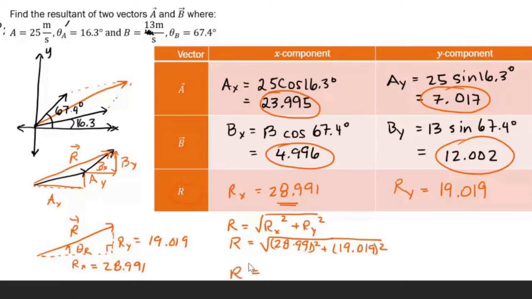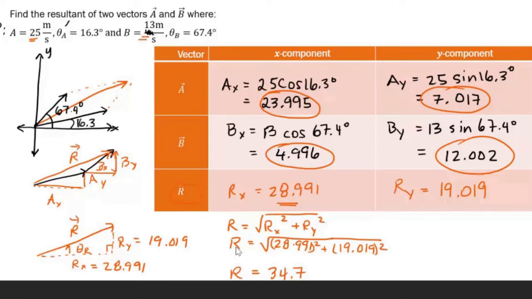Dropping all of that into your calculator, you'll find that the magnitude to one decimal place is 34.7. So the magnitude of the resultant is 34.7, which I don't think is unexpected. We expected it to be longer, based on our picture, than either vector A or vector B.